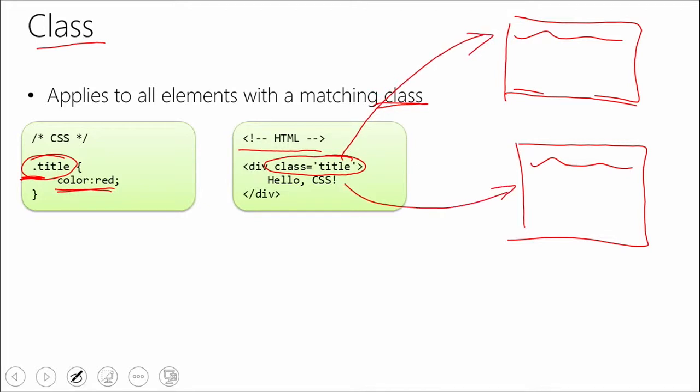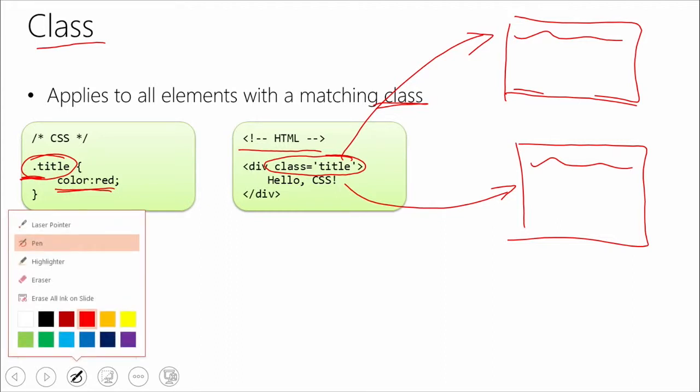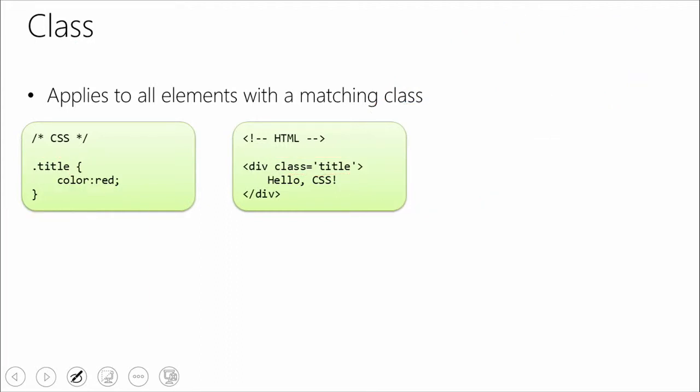And I can flag, hey, this is going to be a title. Let me go erase all of my ink. There we go, perfect. So we've got our CSS, we've got our HTML, and thus the result is going to be hello CSS. Now, the problem with doing something like this is that it might be even still a little bit too vague. Maybe I'm going to be using title in a couple of other places.